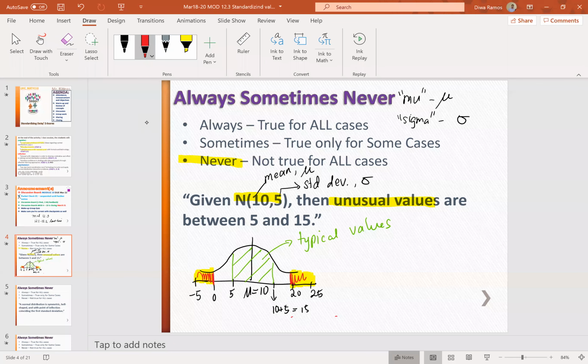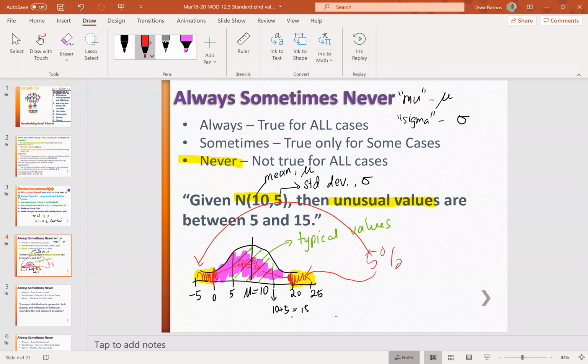So this is 95% of the data from here to the end of the second standard deviation. So everything there is 95%. The unusual part would be the last 5%, which is shared here and there. So about 2.5% each.